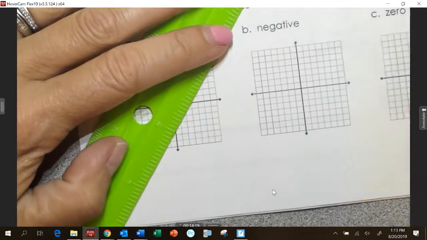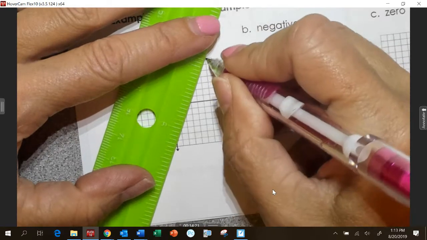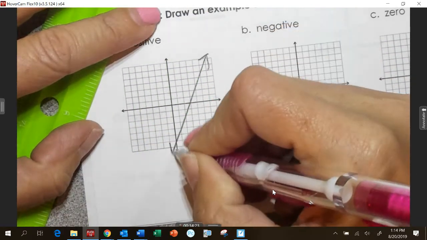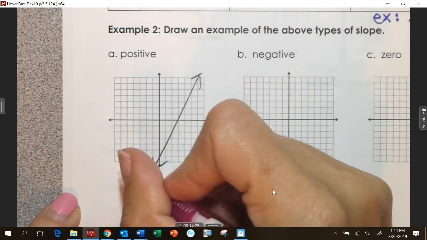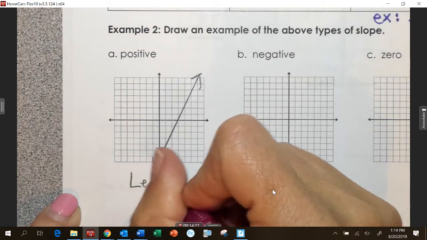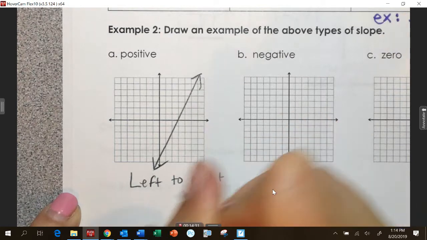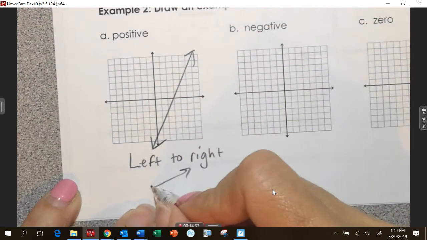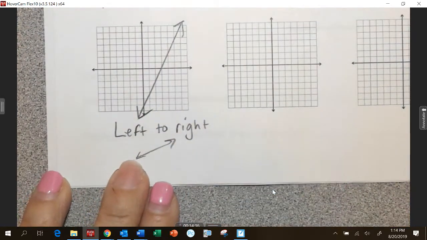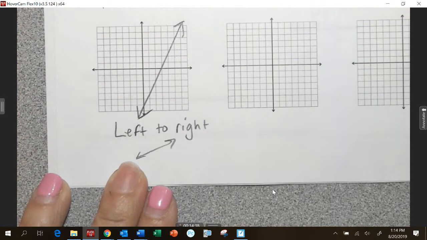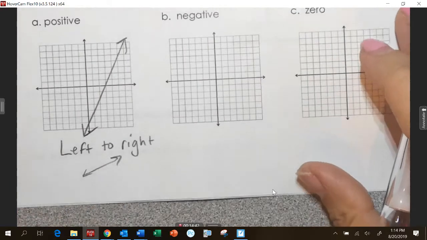Our lines will not necessarily be the same. From left to right, it has to be going up. If you go from left to right, it is going up, wherever you put it.